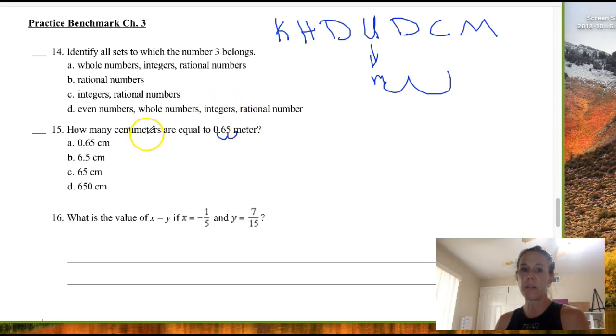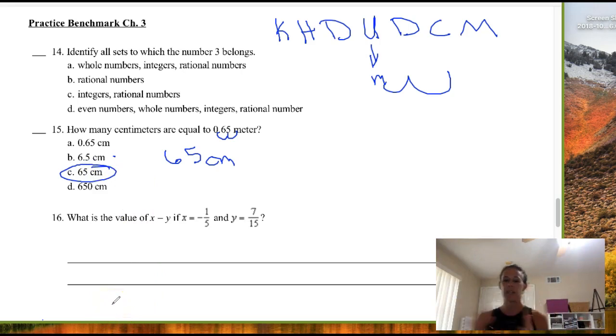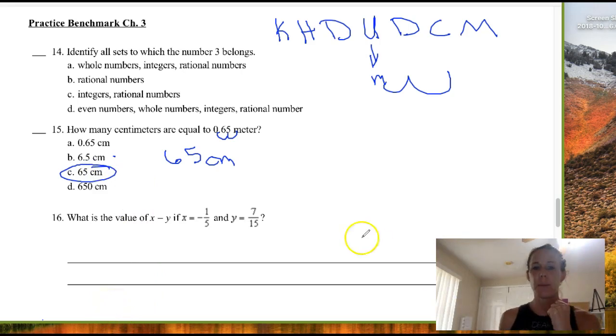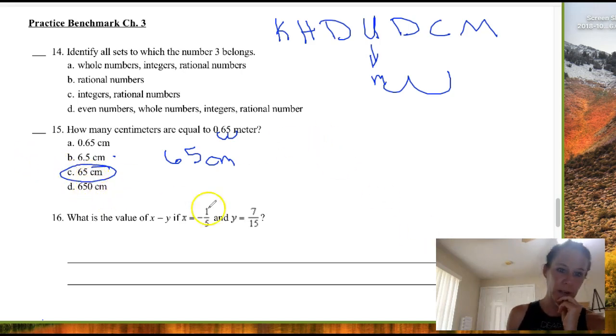To get from meters to centimeters, I'm going to have 65 centimeters. And that would be C. That's the beauty of working in the metric system, everything's by tens. And you should think, if I go from meters to centimeters, I should have more centimeters than meters, because centimeters are littler increments. And that's how you can remember if you went in the right direction.